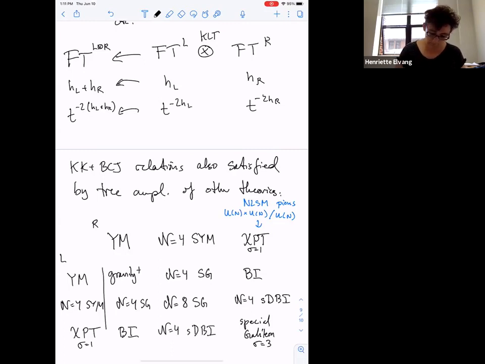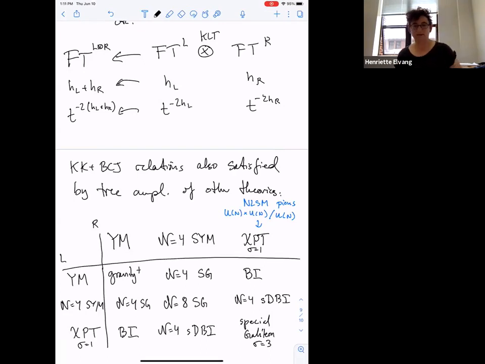Okay. So there we have it. Something that looks like a multiplication table of a lot of theories that you have already learned about in these lectures and know from many other different contexts of physics. So that's pretty cool. The double copy interacts with all these different models.